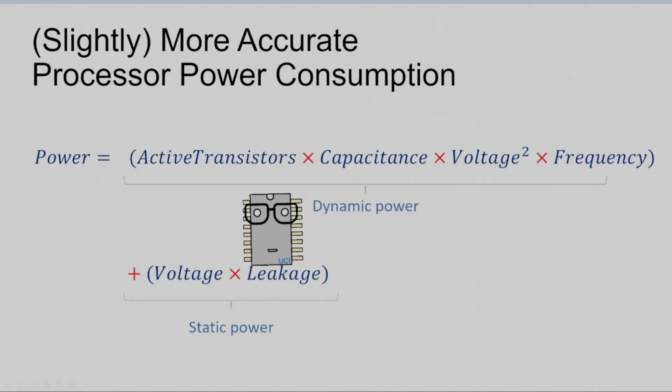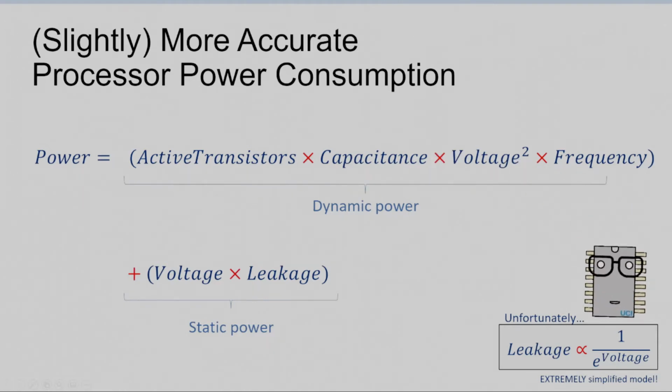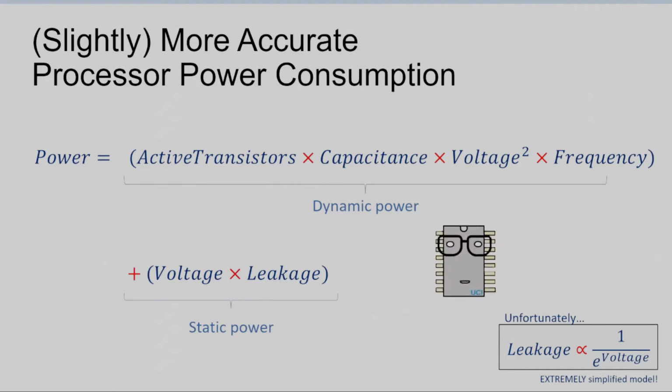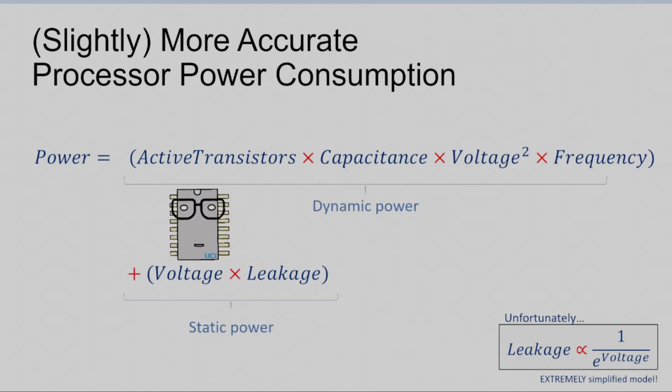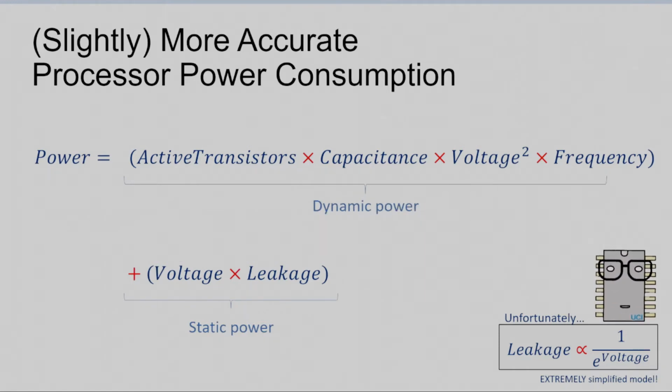If we look at a super simplified version of how to calculate leakage current, leakage is calculated by the inverse exponent of the voltage. So static power is proportional to voltage, and also inverse exponent proportional to the voltage.